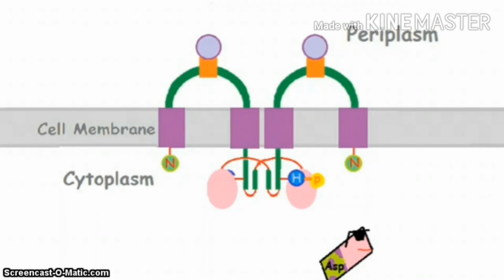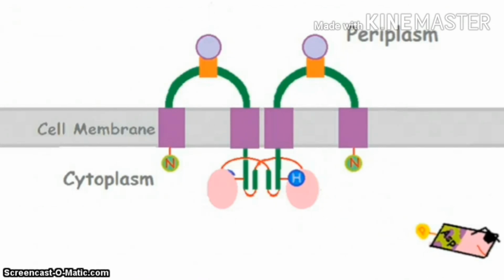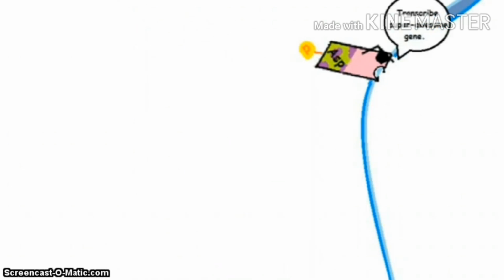The response regulator protein's receiver domain now receives this signal in the form of phosphate group at its aspartate residue, and then binding of this phosphate group to the aspartate residue brings conformational change in its structure. Now this is able to bind to the promoter region of the DNA, thus bringing a particular response of bacteria towards this environmental signal.